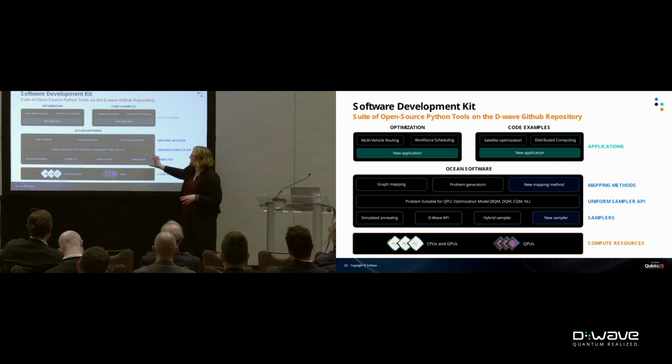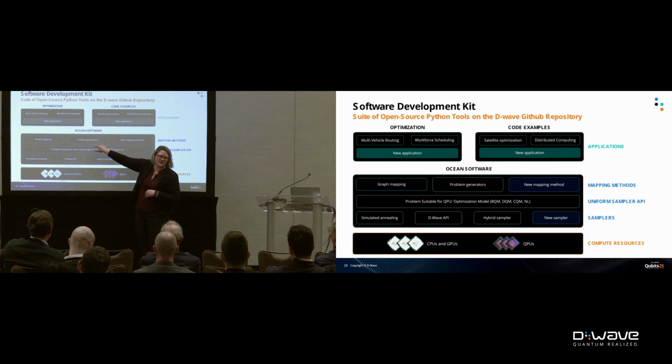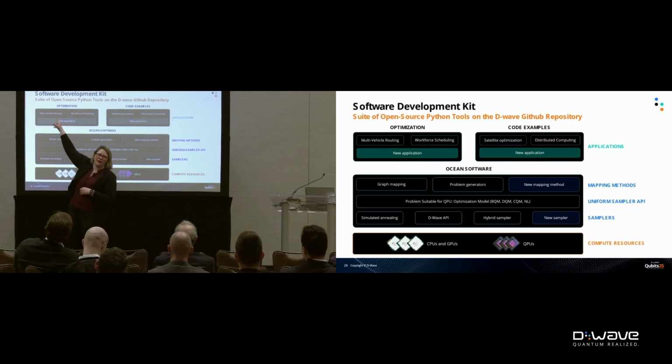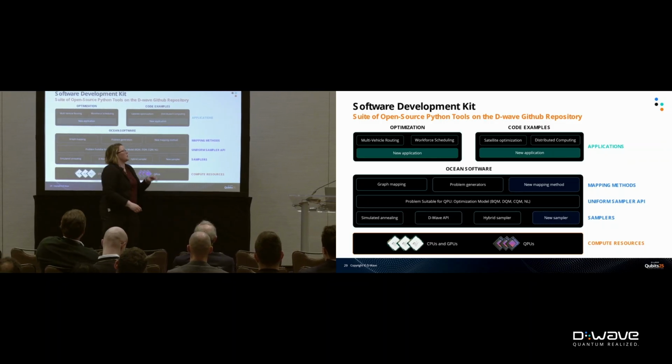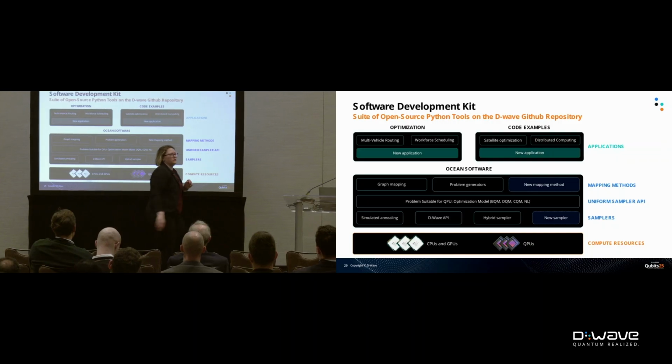We call them typically samplers. So we'll use the nonlinear hybrid sampler to send a nonlinear model class, which uses this, I want to call this out specifically, a problem generator, to solve a multi-vehicle routing optimization problem. So high level up here, we have applications. This is how we send things to the compute resources.